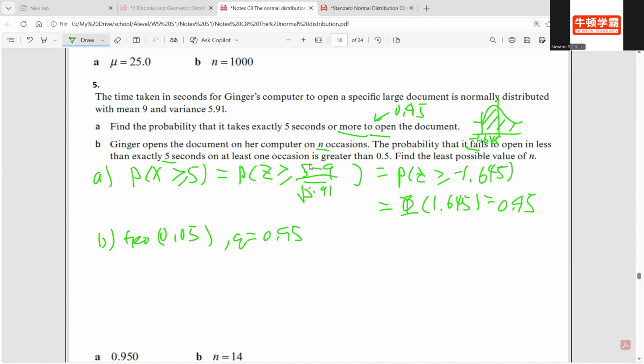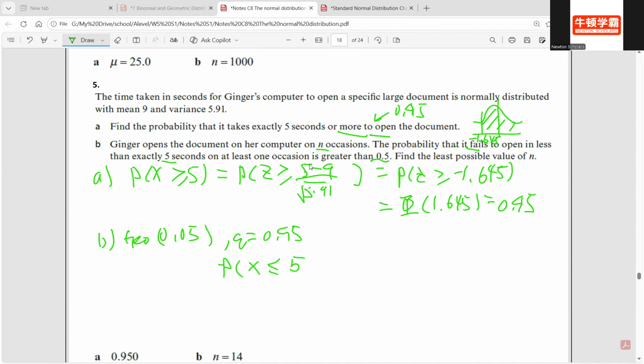Okay, so I already settled this part. Then he said that the probability will be greater than 0.5, so I need to use the formula. The probability X is less than 5.